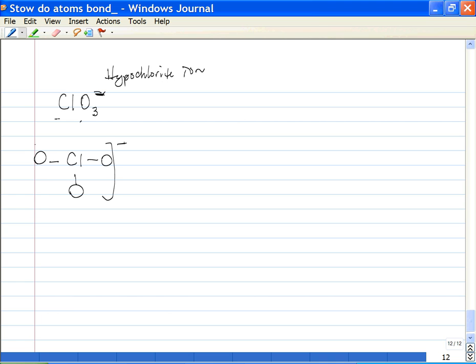So anytime you have an ion like this, the whole thing is charged. So we put it in brackets. Okay. So the first rule, for chlorine, we have one of those, it brings 7 valence electrons. For oxygen, we have 3 of those, it brings 6 valence electrons.